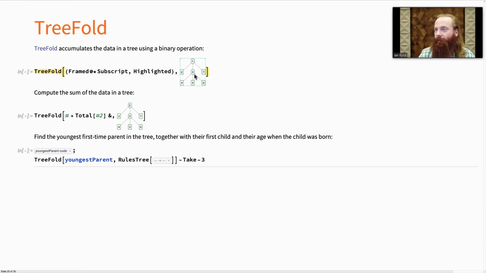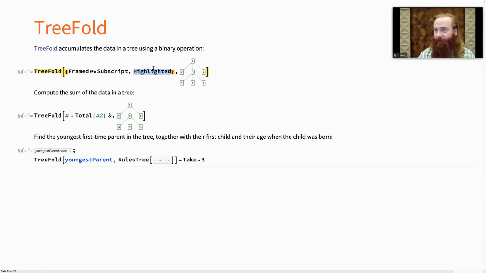Here's a tree with multiple levels, and I'm going to use tree fold with these two functions. This first function here is a binary operation that's applied to the data and the children. The second function here is a function with one argument that is applied to the leaves.